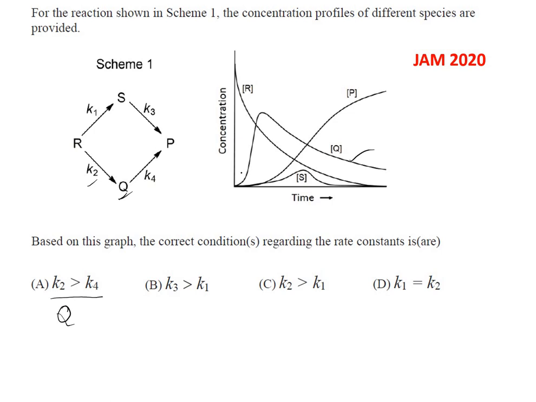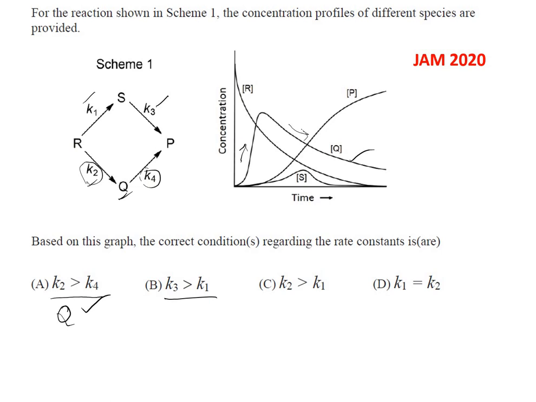So obviously from the figure, the rate of formation, this side is very fast compared to this side. Right? So formation means K2 is involved. So K2 is faster than K4, greater than. So this option A is correct. Now option B, K3 and K1. So K3 is involved here and K1.